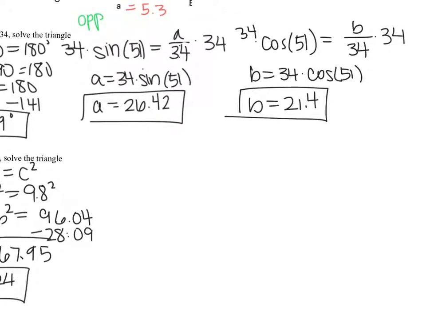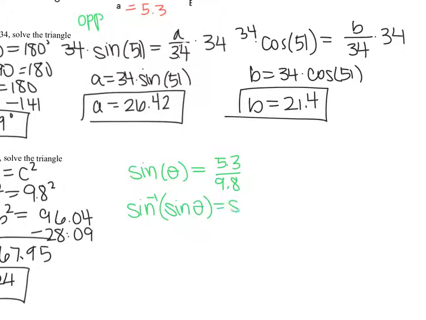So we know sine of theta equals 5.3 over 9.8. And in order to solve for theta, we take the sine inverse of both sides. And we get theta equals 32.74 degrees.